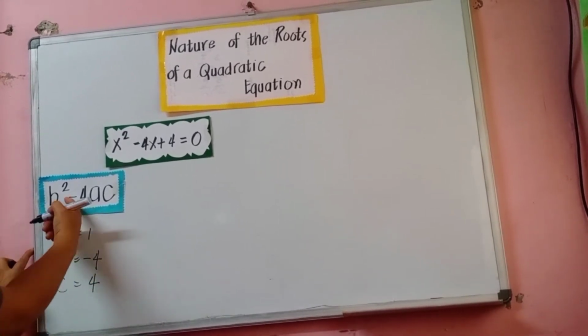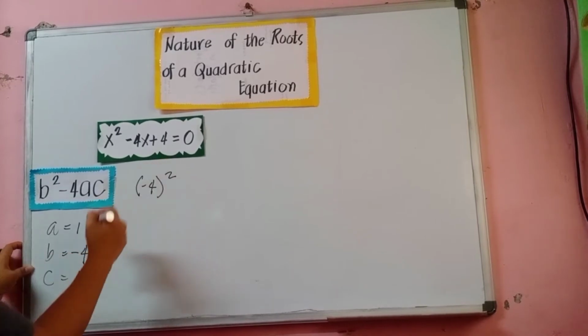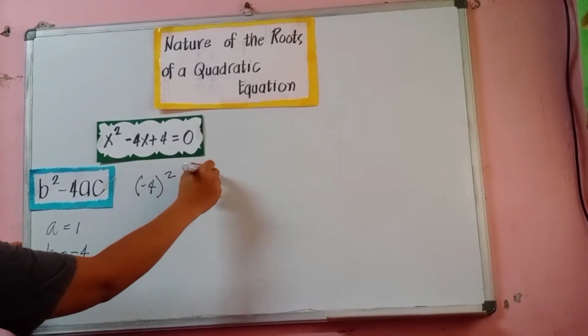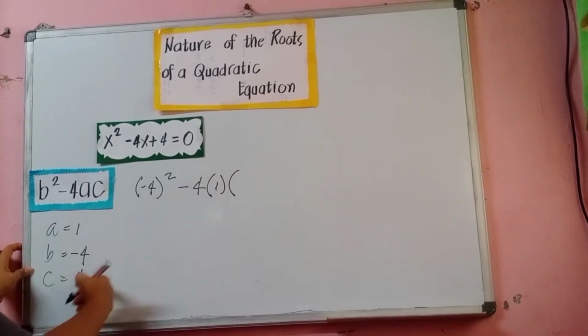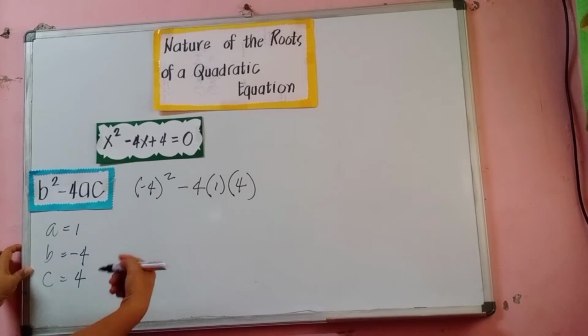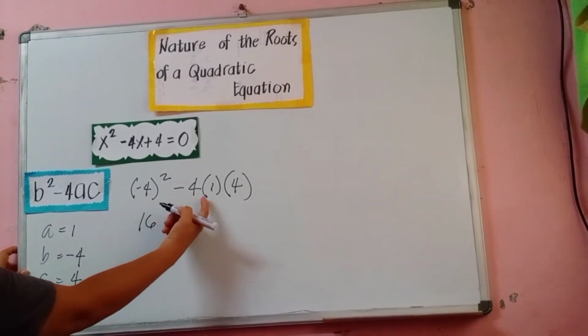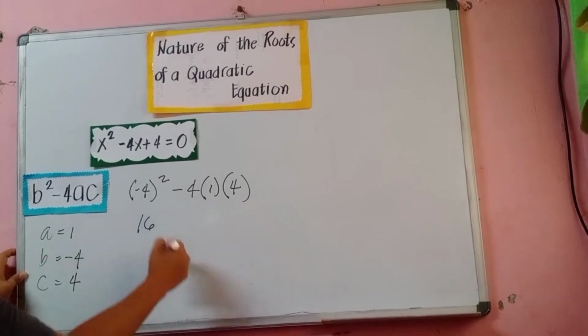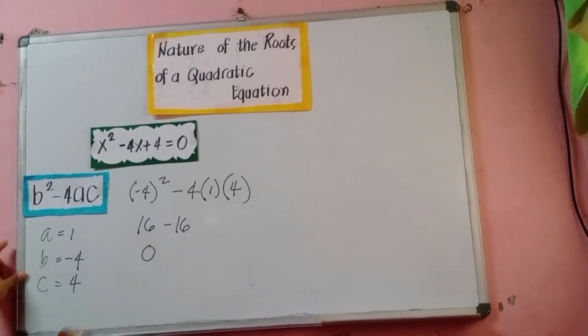Substituting these values to the formula, we have negative 4 squared minus 4, instead of a, let's write 1, and instead of c, we are going to write 4. Now, negative 4 squared is negative 4 times negative 4. That is positive 16. Now, we have negative 4 times 1 is negative 4 times 4. That is negative 16. 16 minus 16 is 0.